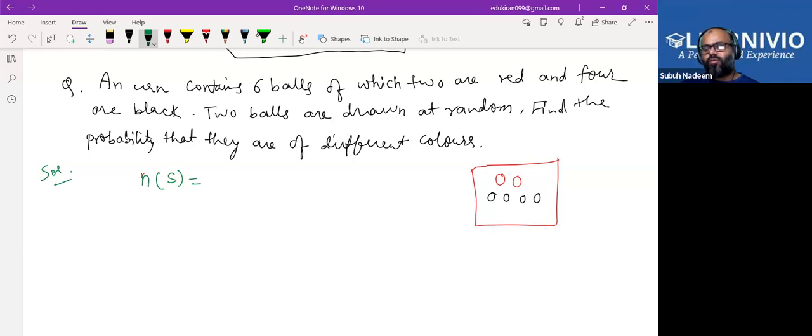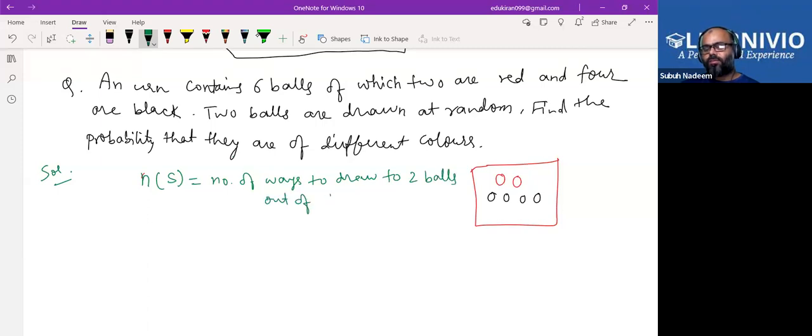Sir, what are the number of ways of doing that? 2 by 6. No, it is not about probability. It is about the number of elements. I mean the number of ways to draw 2 balls out of 6 balls.